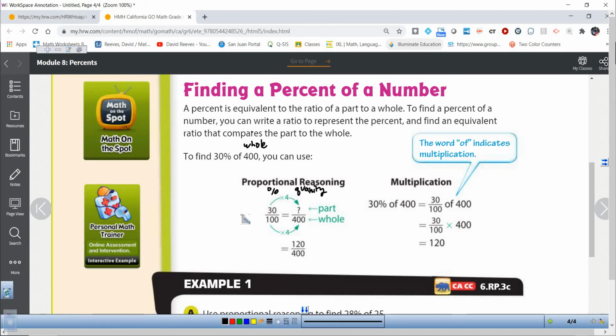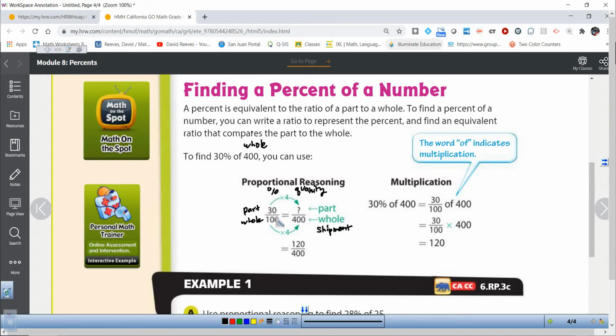For this one, 30 was our part, the part of 100 that were left-handed gloves, if you watched the previous video. Here we have the whole, the whole shipment. And then the part is what we're trying to find.